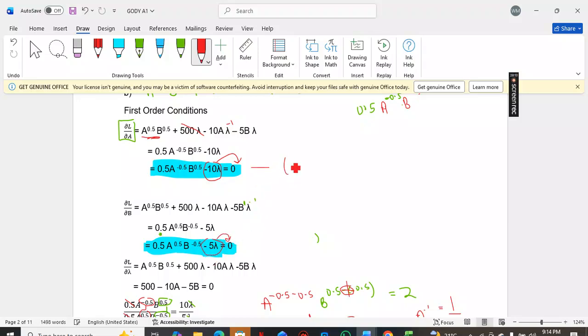Where is this lambda coming from? When we set up the Lagrangian function, you introduce lambda.